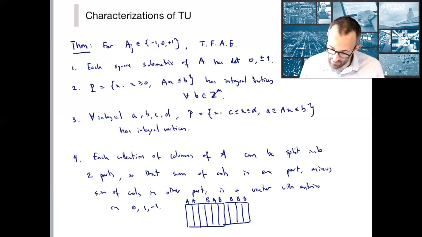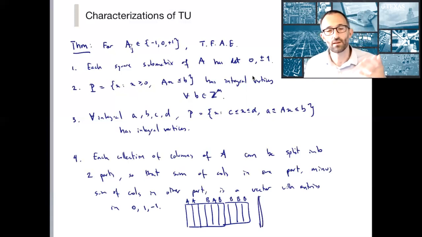Another way to say it is that for any support, I can find a vector that has +1s and -1s on the support, and 0s outside the support, of course, so that Ax has entries in +1, -1, and 0. So these are equivalent ways to say this.